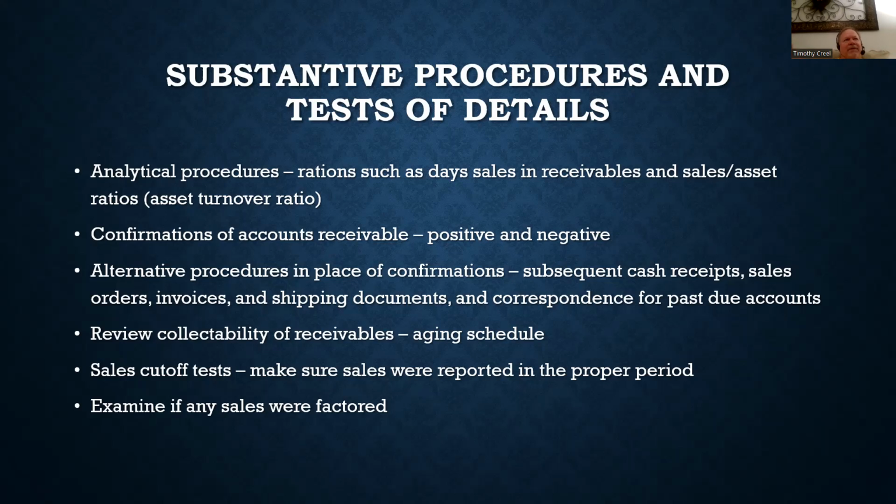Here's what happens in auditing: you send out these confirmations, and one of the reasons you have your client fill it out is that the client is giving permission to the customer to verify this for you, the auditor, which is important.